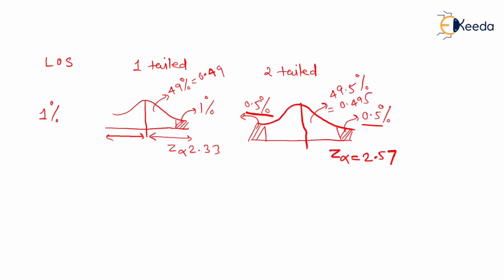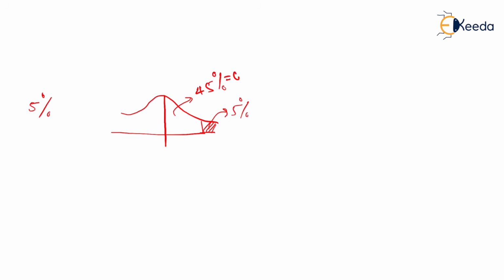Now let's see one more example. This time I'm considering 5%. For the 5% one-tail test, 5% must be removed from one side. Out of 50, 5% is removed, so you're left with 45%, and 45% is 0.45.